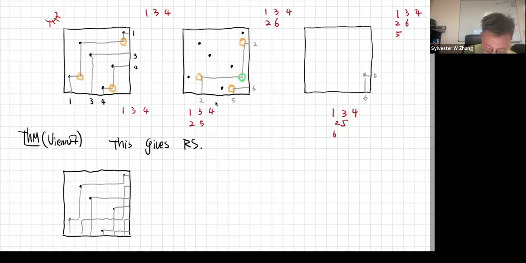So let me call this the uncolored shadow line. If you give it some sort of coloring, then it will tell you the information about the Greene-Kleitman partitions of your permutation, or of the inversion poset.